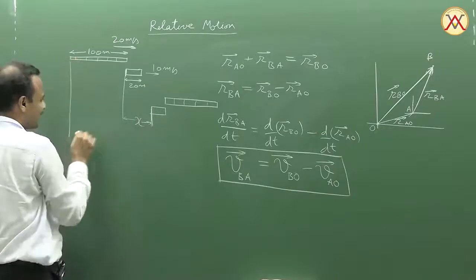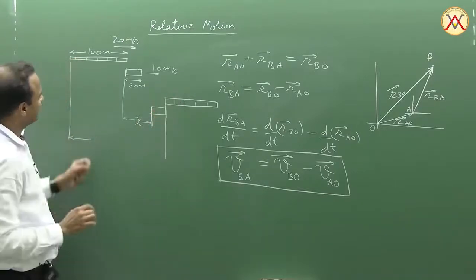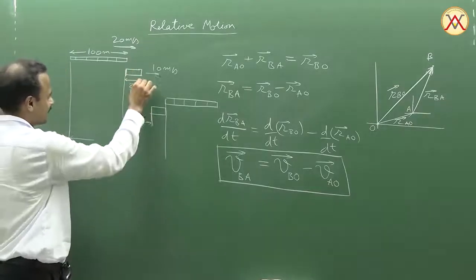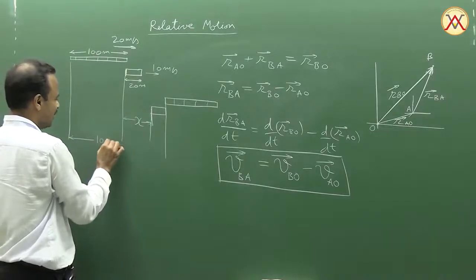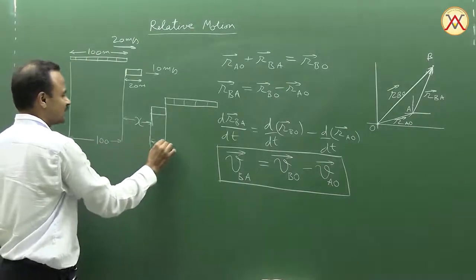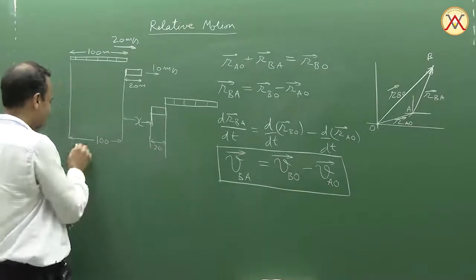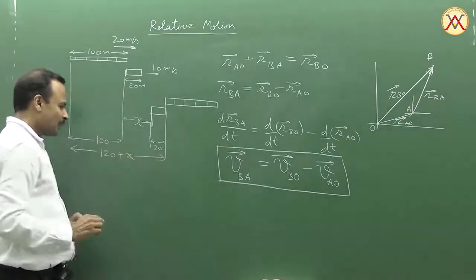So, if I am marking the distance for the train, the total distance travelled by the train will be this 100 plus this x plus this 20. So, 100 plus x plus 20. The total distance travelled by the train becomes 120 plus x.